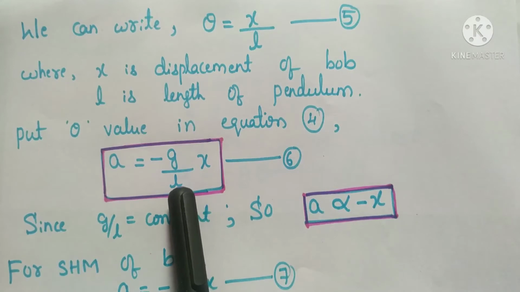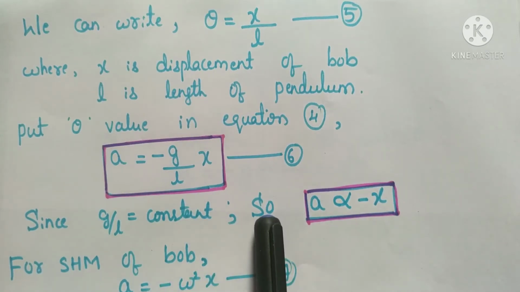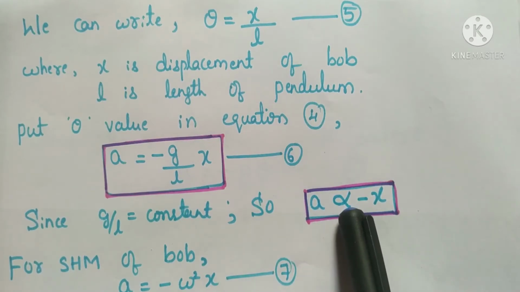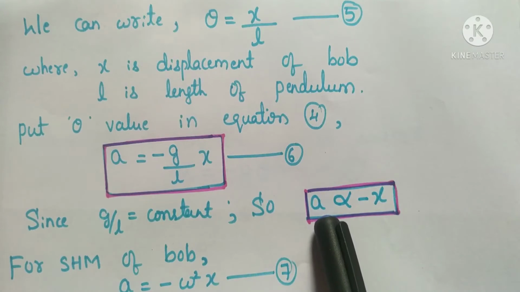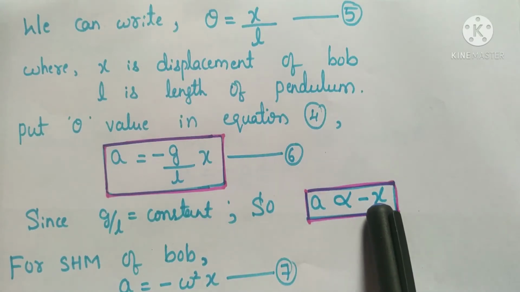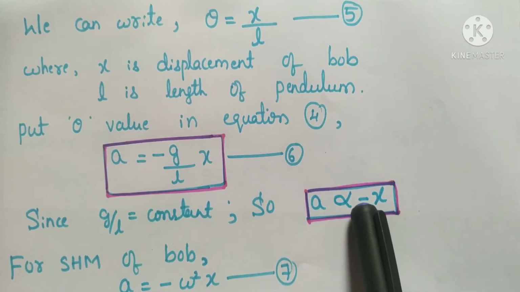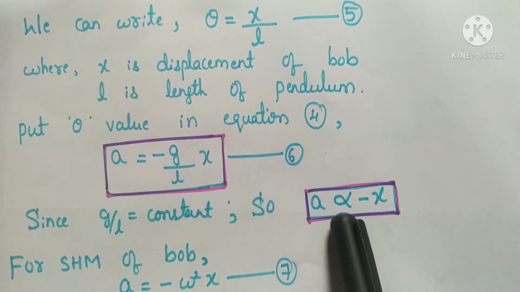Here g and L are constant terms, so we can take g by L as constant, so we can write this as a is directly proportional to minus x. a is the acceleration produced in the object and x is the displacement, and both are directly proportional to each other. The negative sign means the direction of the acceleration is opposite to the direction of its displacement.